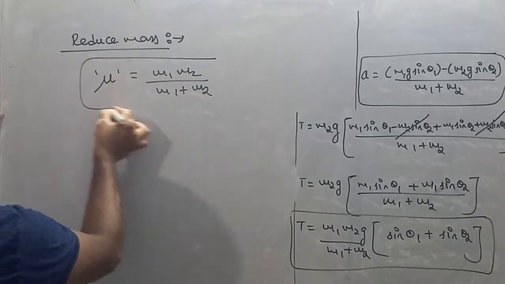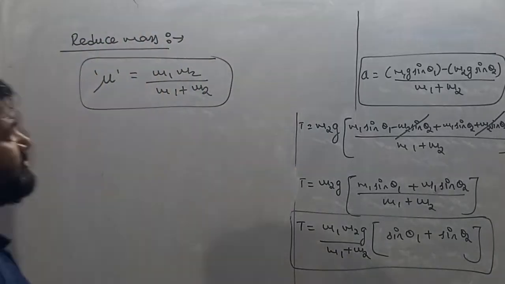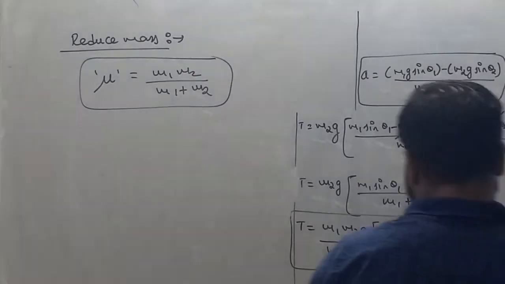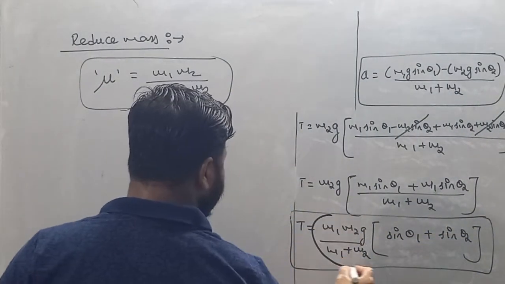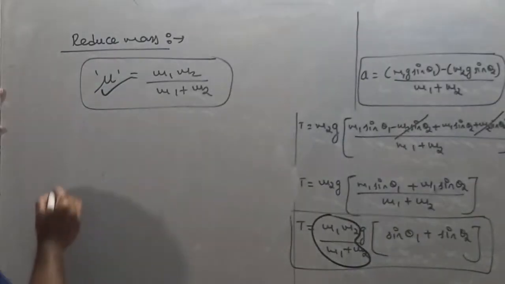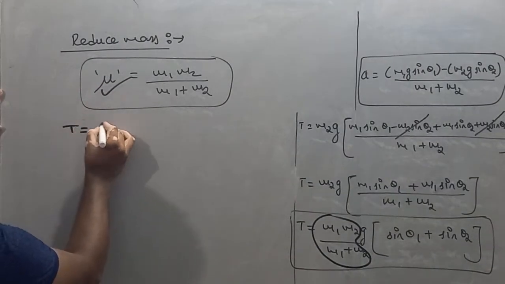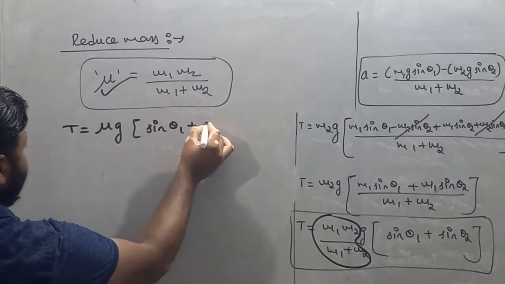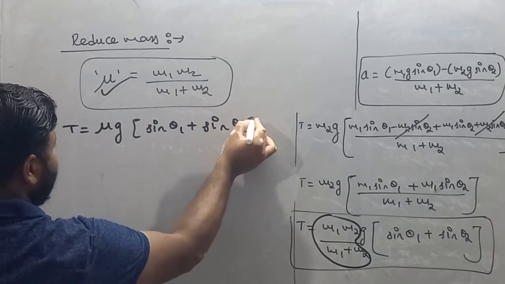This is the formula of reduced mass. So instead of m1 m2 upon m1 plus m2, I'll use mu, which is called reduced mass. So T becomes equal to mu g into (sine theta 1 plus sine theta 2).